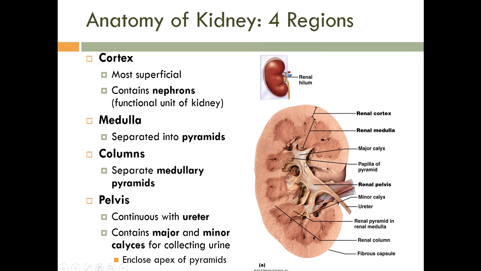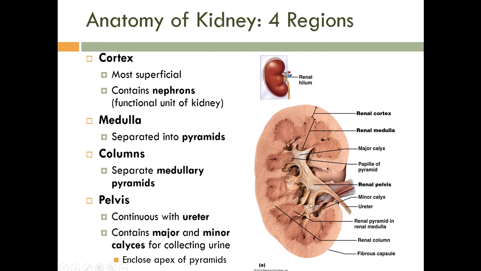And then the deepest layer of the kidney is known as the renal pelvis. When the urine is made out here in the cortex, it then travels down through the medulla into the apex, right, where we have a little hole. The urine then moves out of the medullary pyramids into what we call minor calyces.